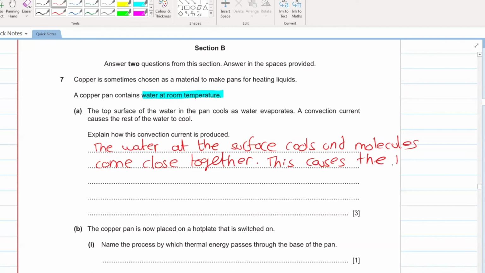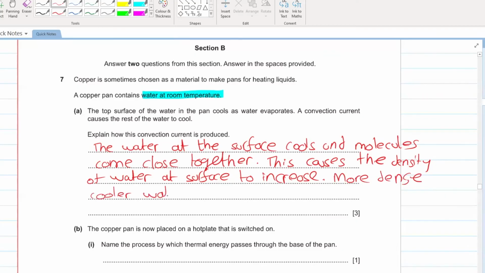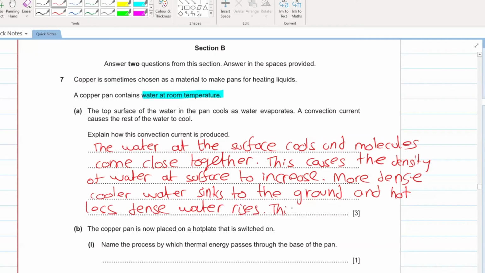The more dense, cooler water sinks to the ground, and hot, less dense water rises.